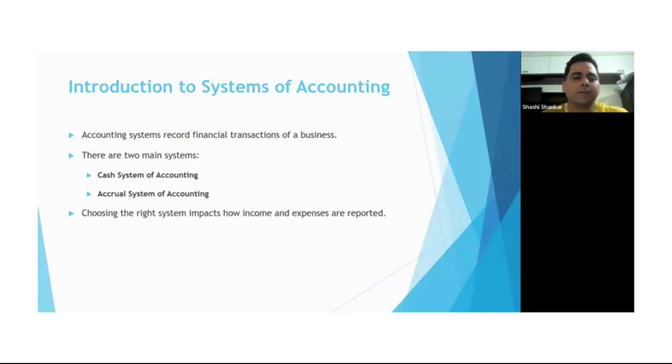There should be some notification if they are switching from the cash system to the accrual system. So the two main systems are the cash system of accounting and the accrual system of accounting. Choosing the right system impacts how income and expense are recorded.